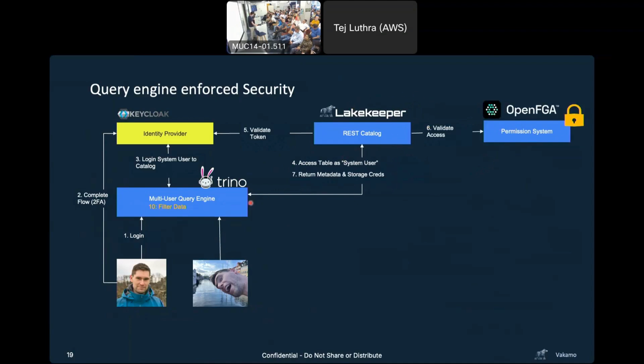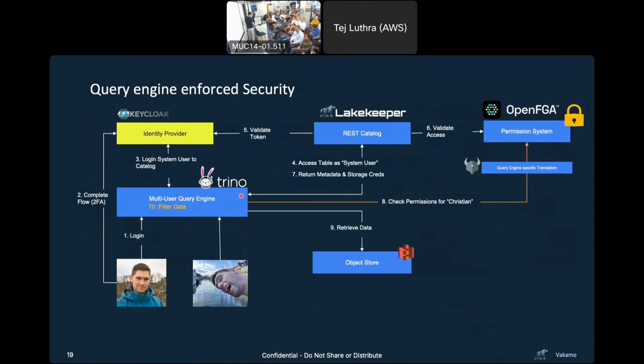Lakekeeper then returns the metadata for the table and storage credentials, so that Trino can access the storage location. After that, Trino goes to the permission system itself and checks the permission for Christian, right? And after that, Trino filters out all the data that I'm not allowed to see. So after that, it retrieves the data and returns the result.